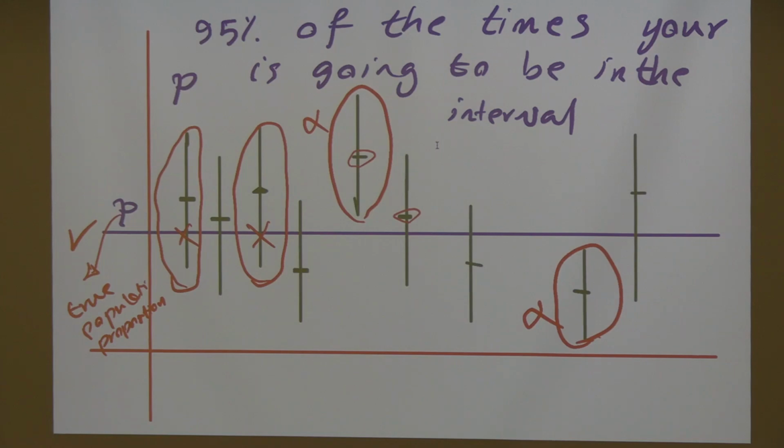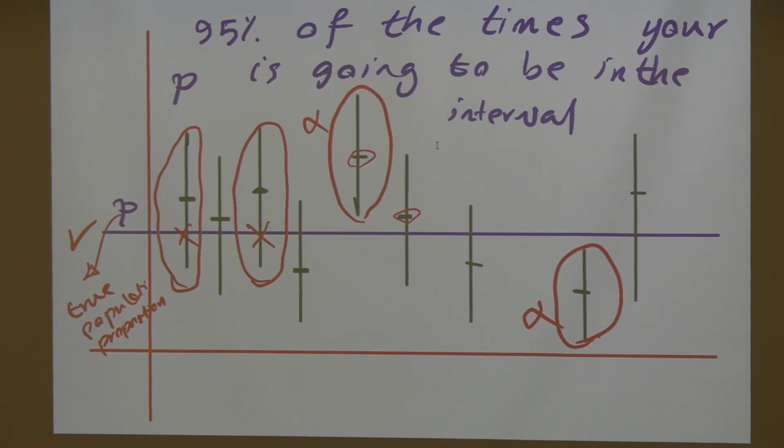The meaning of a 95% confidence interval is this: if you choose a sample from the population, then again choose a sample, and imagine you do that 100 times, then for a 95% confidence interval, 95% of the time that interval includes the population parameter. That is the meaning of a confidence interval.